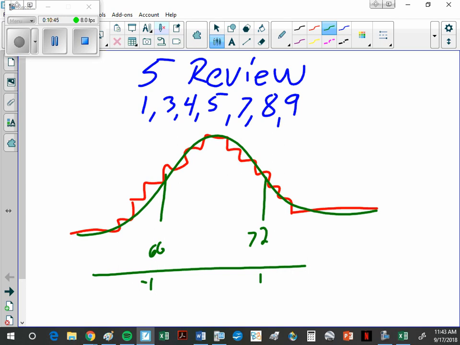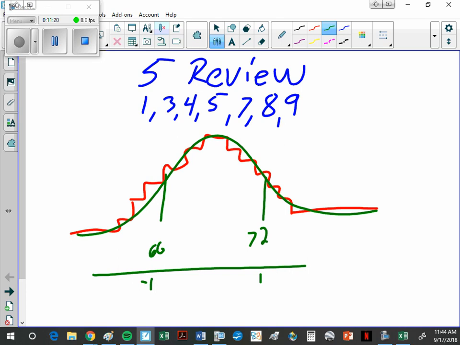So the area between 66 and 72 inches under the histogram is exactly equal to the area between -1 and +1 under the normal curve.